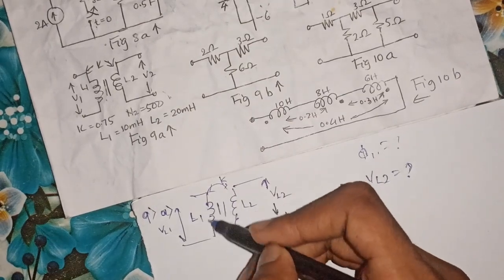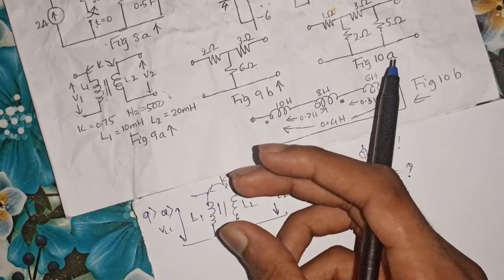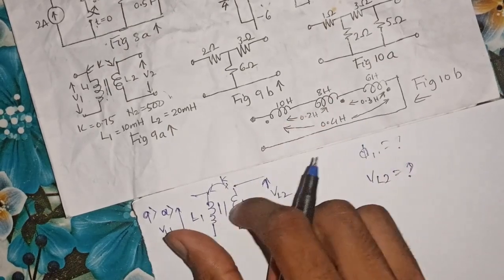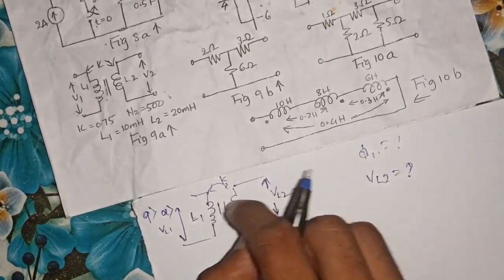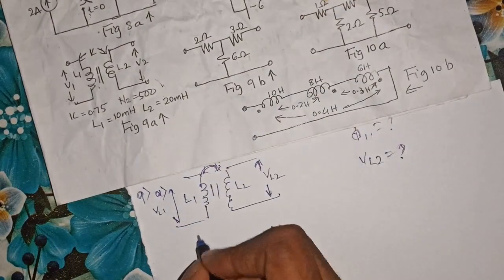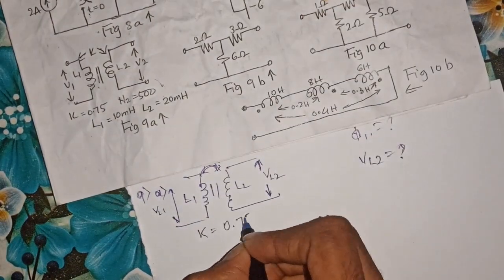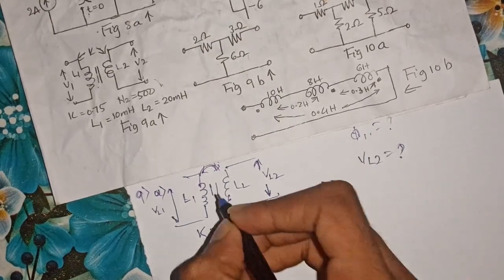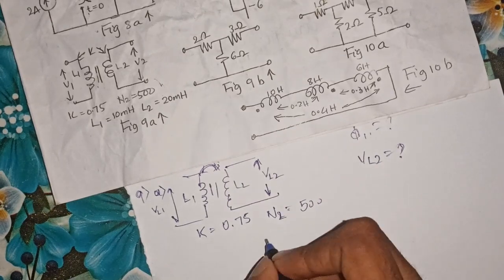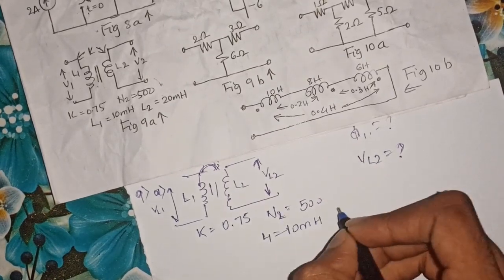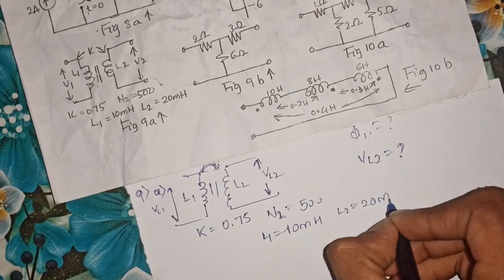Due to the current flowing through this coil there will be some magnetic field, and due to current flowing through the other coil there will be some magnetic field, and both magnetic fields will be linking to both of the coils, which is represented by K, the coefficient of coupling. The value is given as 0.75, and the number of turns in secondary is given as 500. Similarly, L1 is equal to 10 millihenry and L2 is equal to 20 millihenry.